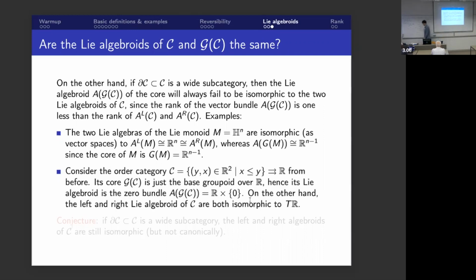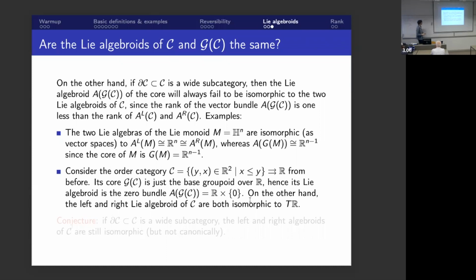Okay, another multi-object example of this particular phenomenon would be the order category. So let's again draw pictures, because that's what one has to do with these abstract things. So the order category looks like this, right? So this is the diagonal in R2. The only invertible elements are here, on the diagonal.